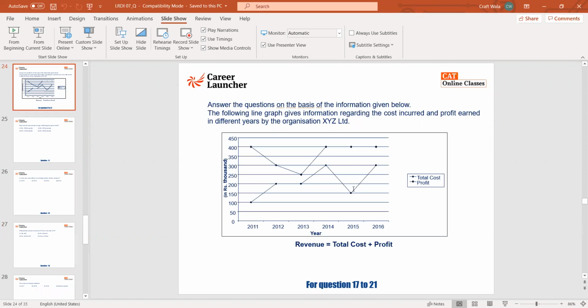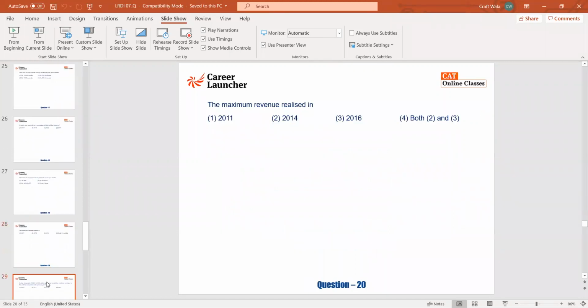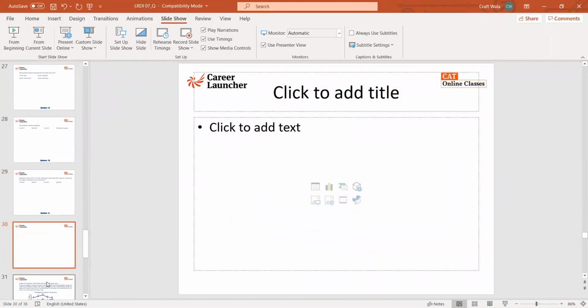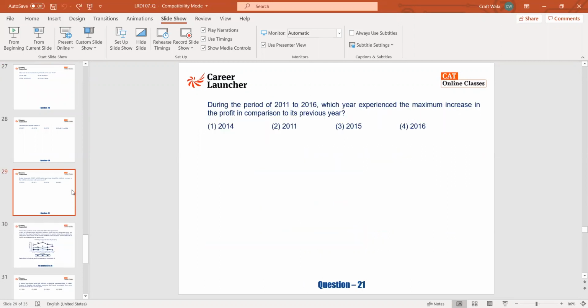This is the highest increase, an increase of 150,000. So our answer becomes 2016, answer option 4. Yes, I guess this was an easy set. Most of you got it correct, right?